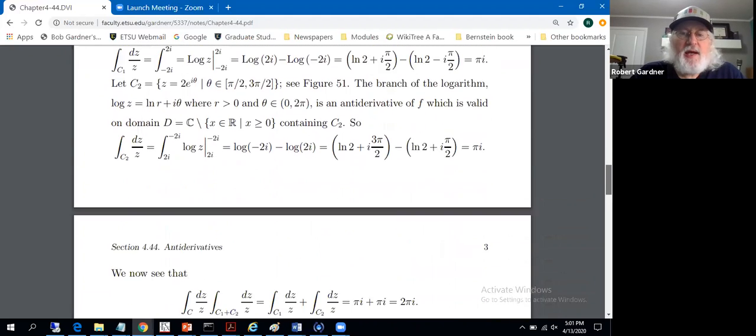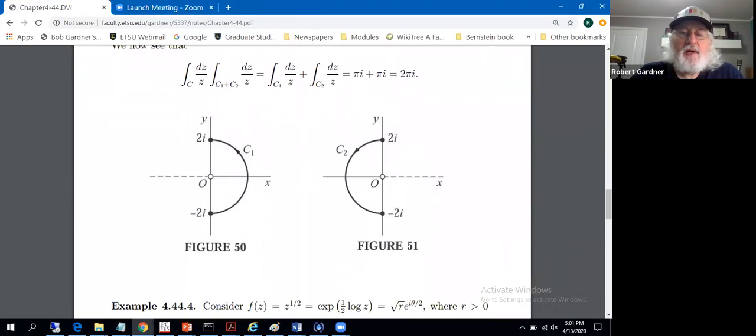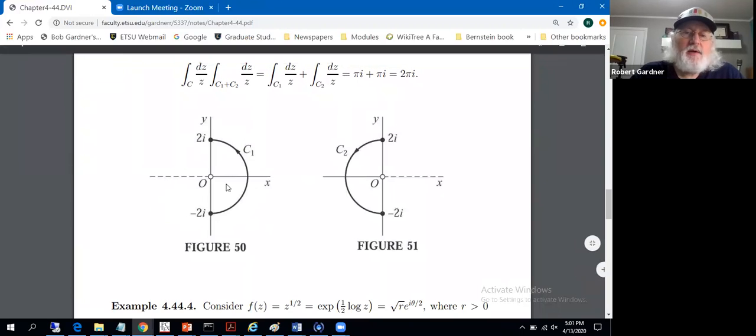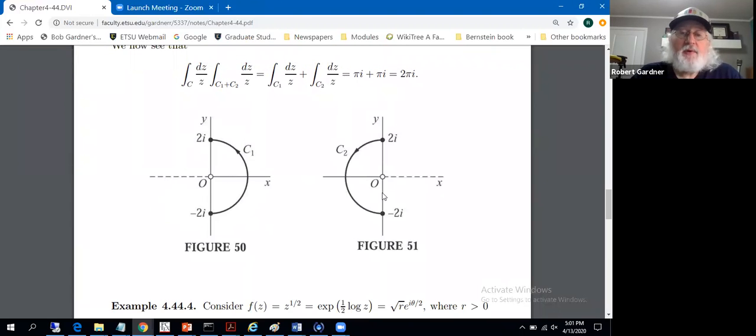So instead of going from -2 all the way around back to -2 in the counterclockwise orientation, we're going to take the right-hand half and the left-hand half. We'll figure out this integral, we'll figure out that integral, and we'll add them together. And that's a perfectly legitimate way to compute the integral all the way around 0.